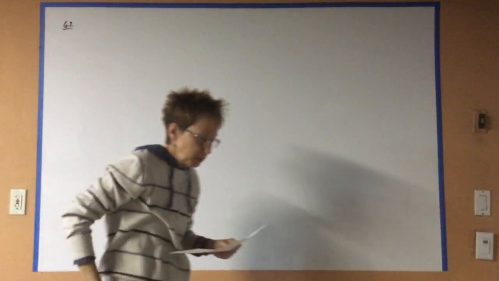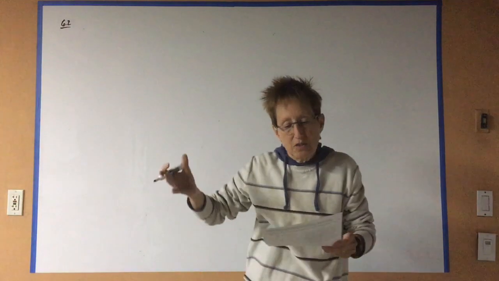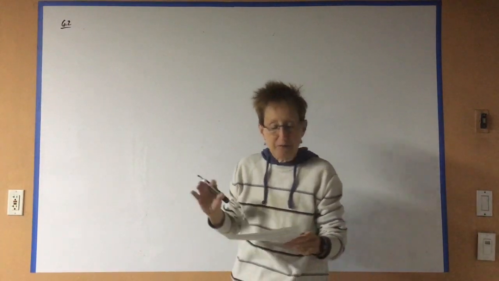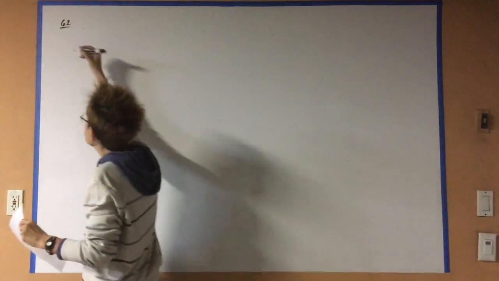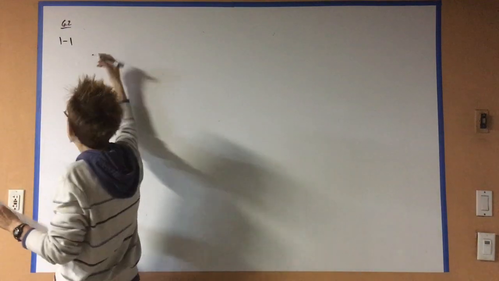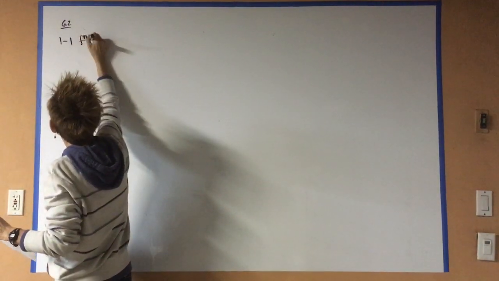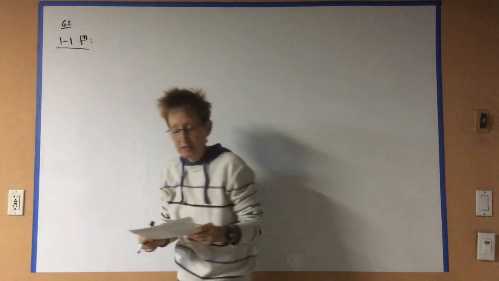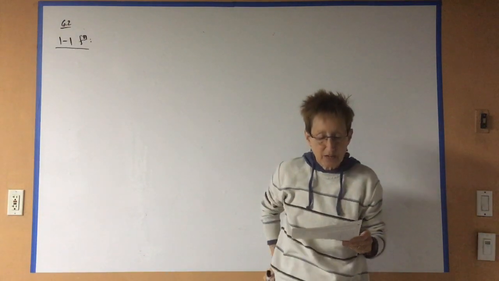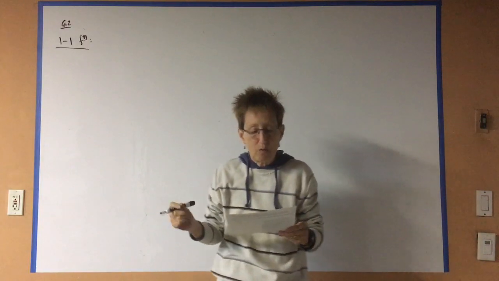So 6.2 is all about what's called one-to-one functions and then inverse functions. So I defined a one-to-one function, and we usually write it like this with a 1-1, which I wrote right underneath that. So let me read what this says for a minute. It says to be a one-to-one function, each x value corresponds to only one y value.